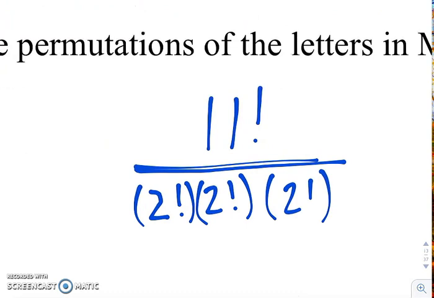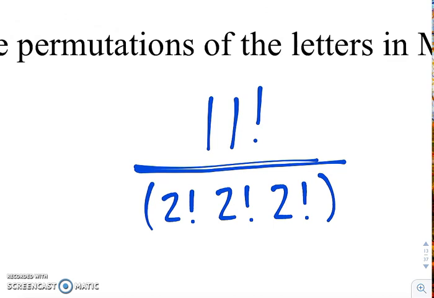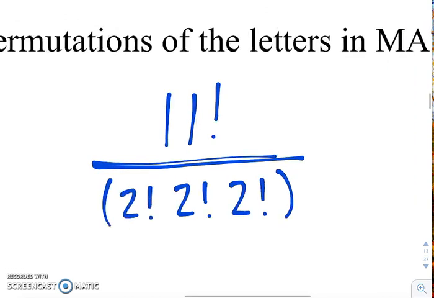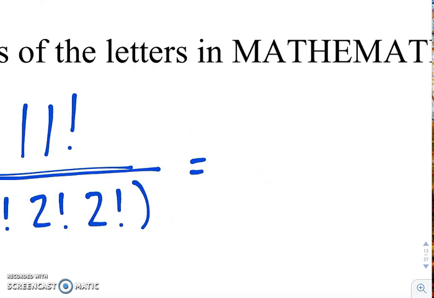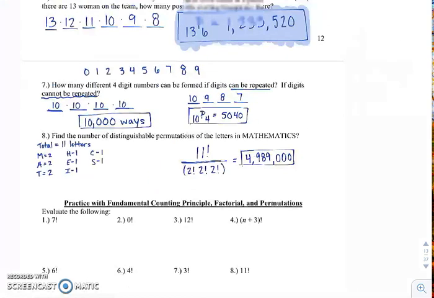Make sure that the denominator itself is in parentheses, or you can get the top and the bottom and then divide separately, but you should end up with 4,989,600 ways to rearrange the letters in the word mathematics.